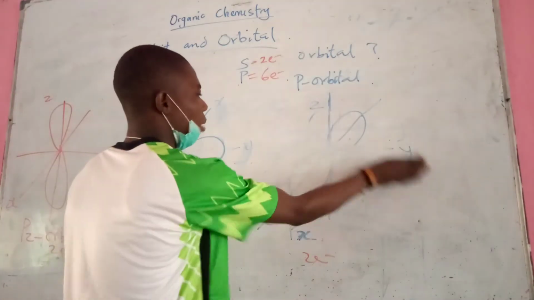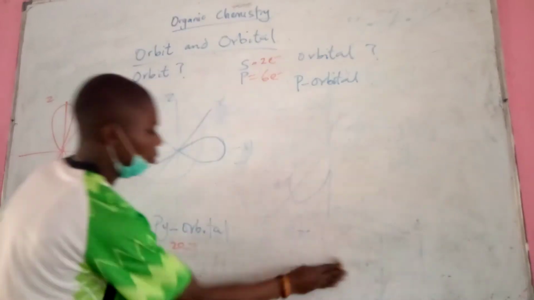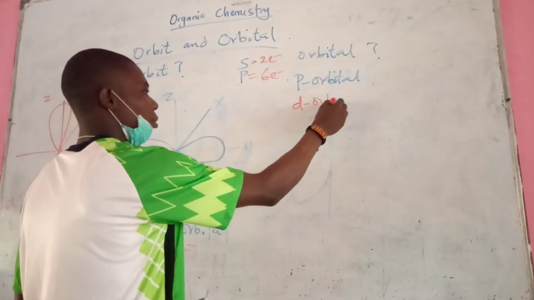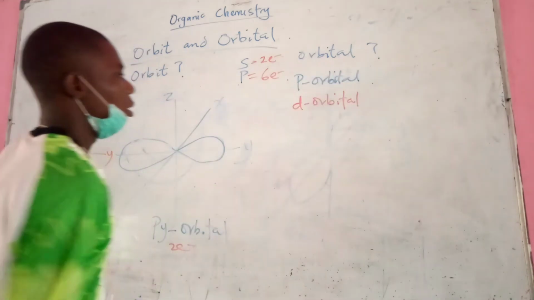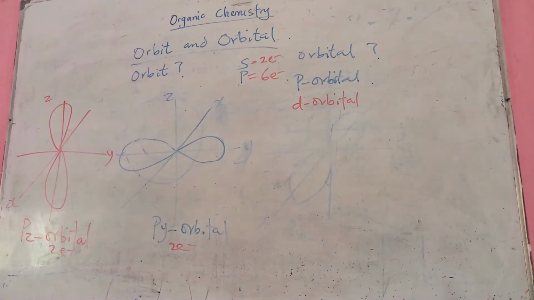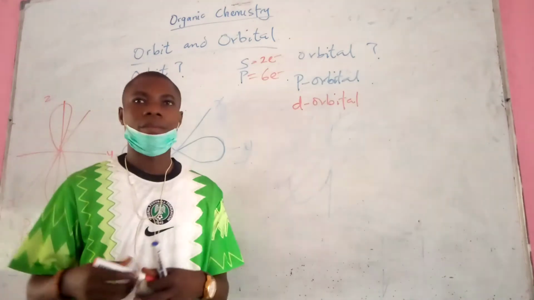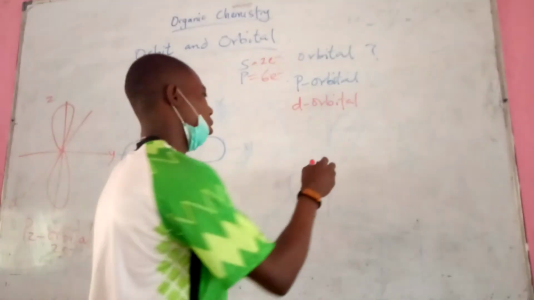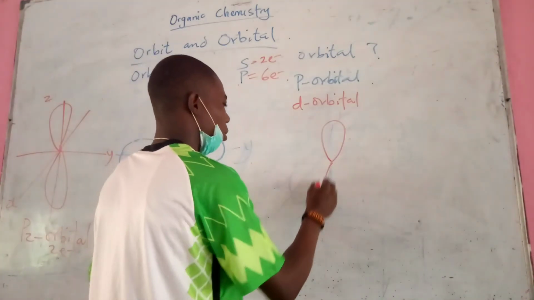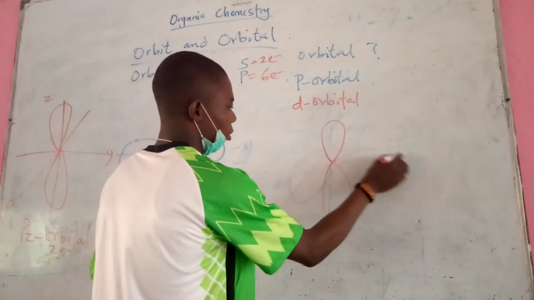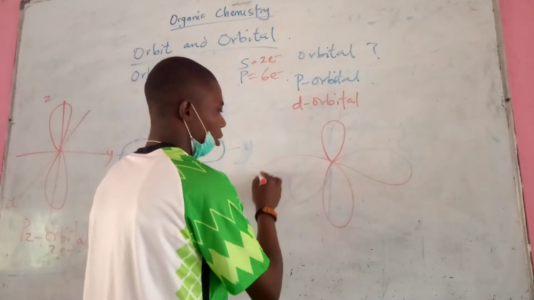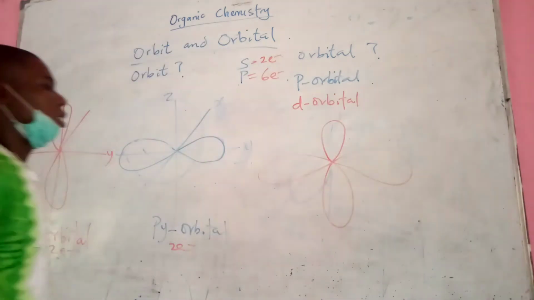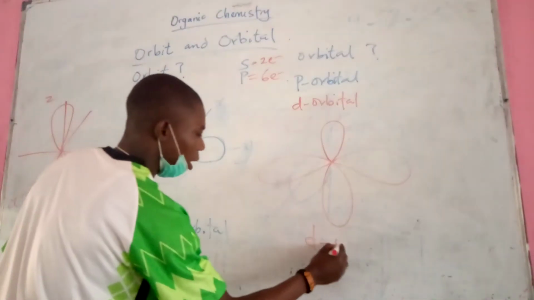The next orbital that we have is the d orbital. D orbital is a double dumbbell. This is a particular dumbbell. This is another one. This is the d orbital.